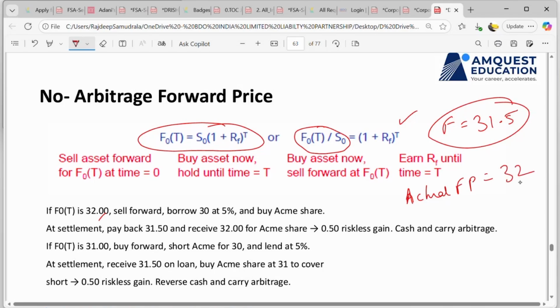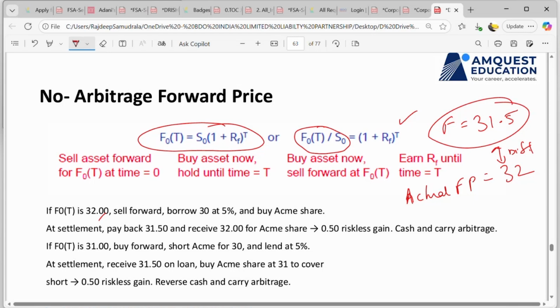What if it's 32? Then I have a difference of 0.5, but it's not big. It's not a big difference, but still a very big difference, because if I have 0.5 difference per contract, I can go and buy 10,000 contracts. I'll make $5,000 profit, right? So this difference will give me an arbitrage profit.